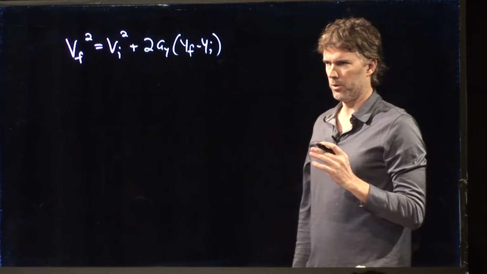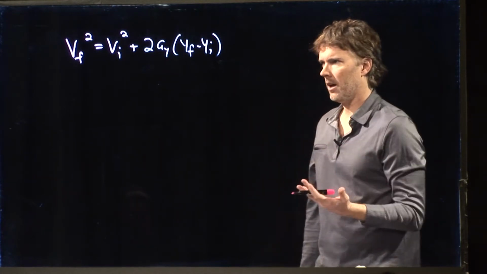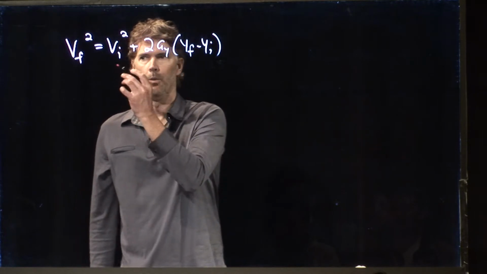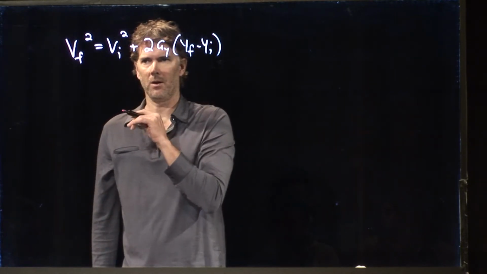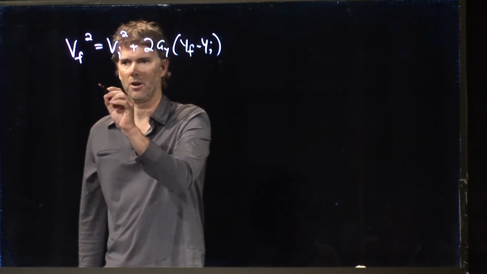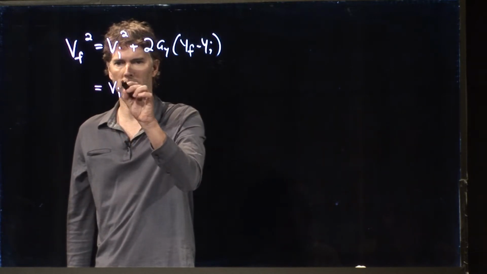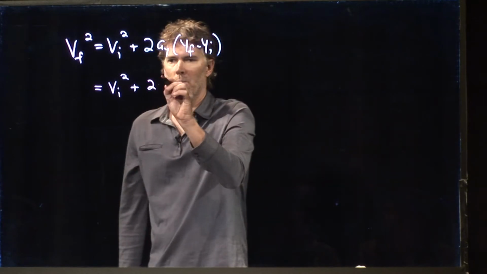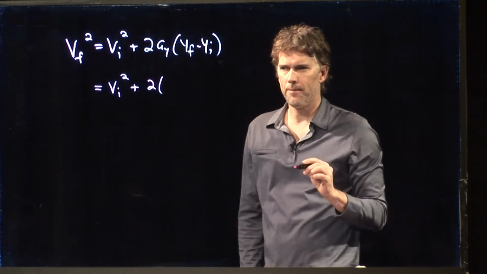Okay, so we're going to start with this equation right here. We're going to see if we can solve this thing for VF. Obviously, we can. But let's think about what these numbers are. We certainly have VI. We said that was 25 meters per second. What is a sub y?